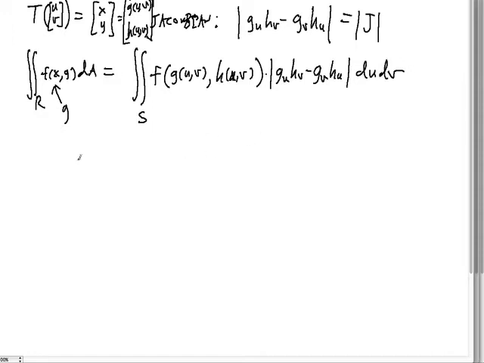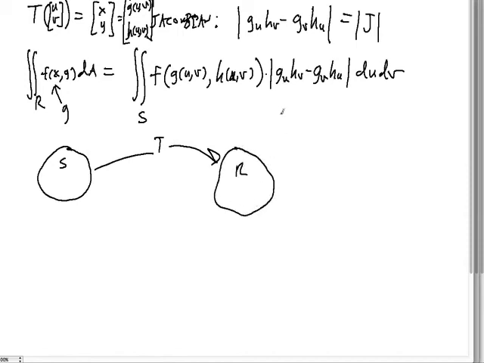The idea here is we have some region S, and a transformation T, some sort of nonlinear transformation that's invertible and smooth, to some other region R. And this integral, hopefully, is a simpler integral to calculate. Thanks very much. In the next video, we'll actually do an example calculation.